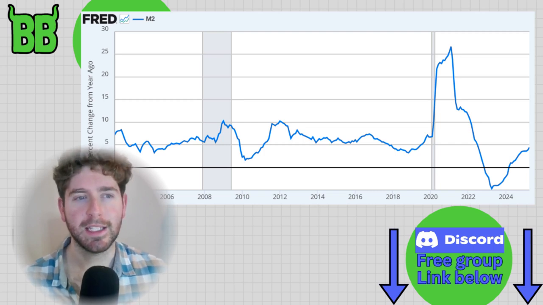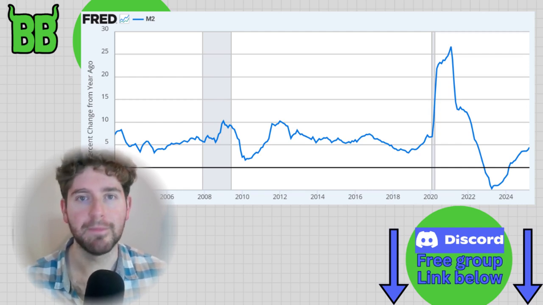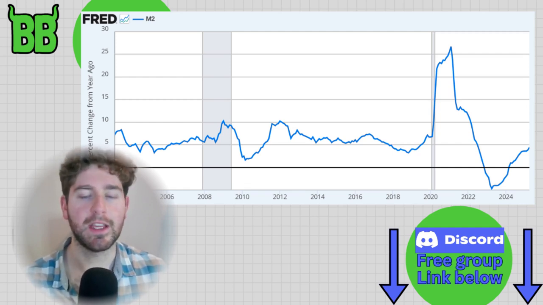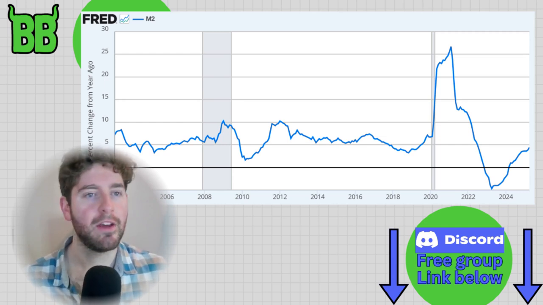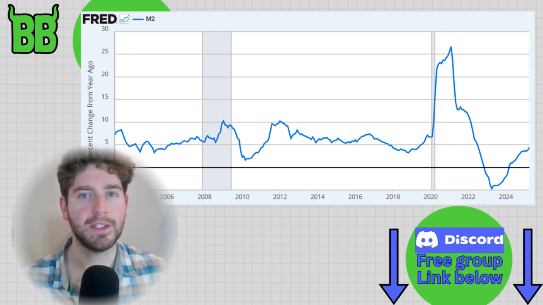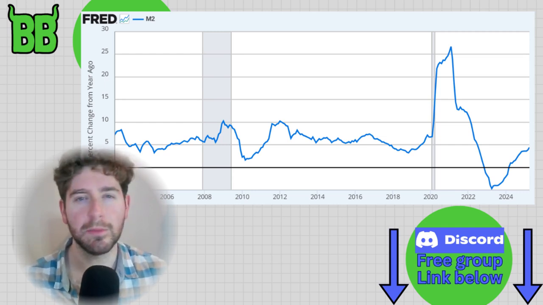And you can see here throughout most time periods in history, we hover around 5% growth in money supply per year. And that's why we see throughout the economy, if you add up all of the different costs and assets from real estate prices, stock prices, but also things like consumer goods, food.